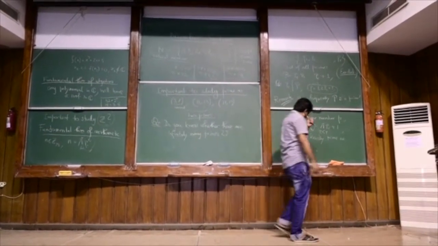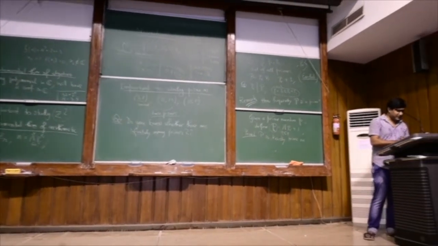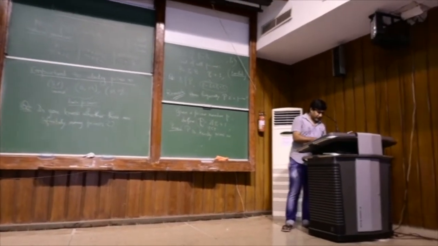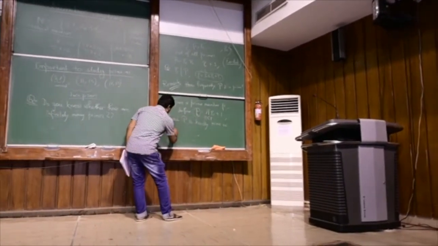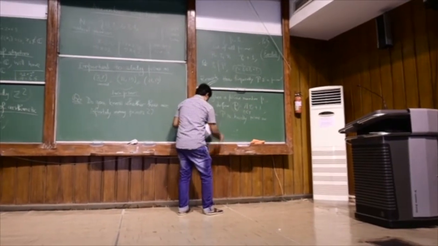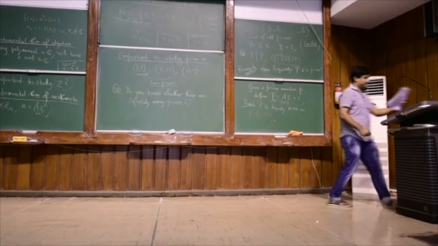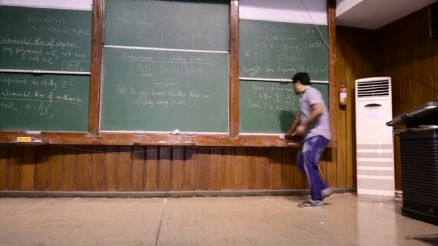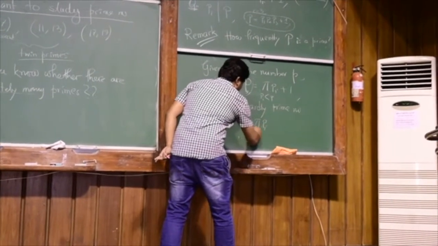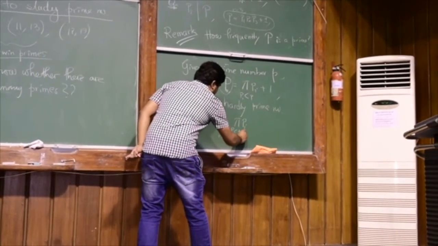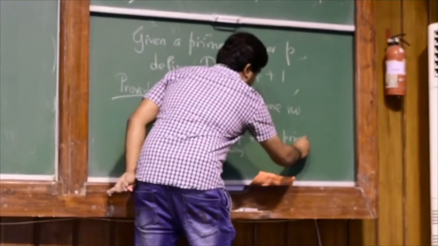Now that we have very good computers, there is a calculation which says that if you take P as 42,209, then the product of Pi less than 42,209 plus 1 is prime.